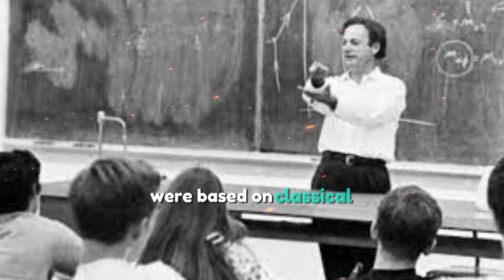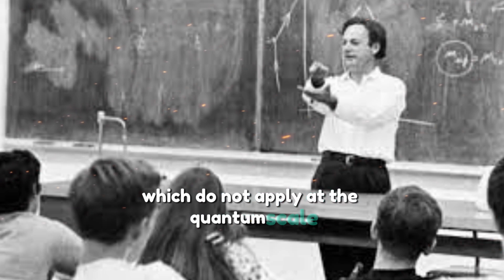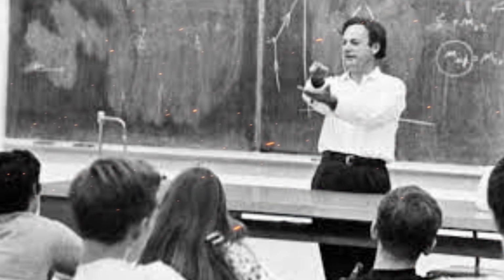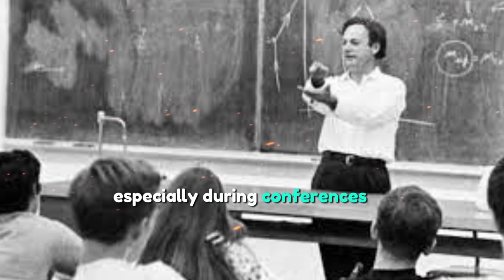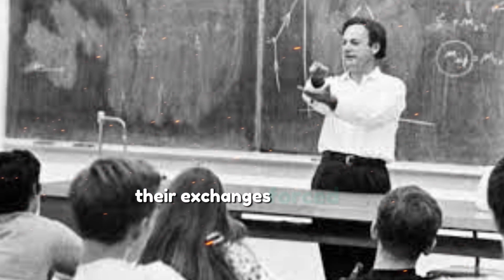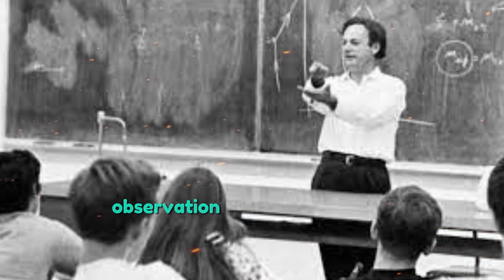Bohr would respond by explaining that Einstein's assumptions were based on classical expectations, which do not apply at the quantum scale. These discussions played out over many years, especially during conferences in the 1920s and 1930s. Their exchanges forced the scientific community to think more clearly about the meaning of measurement, observation, and physical reality.